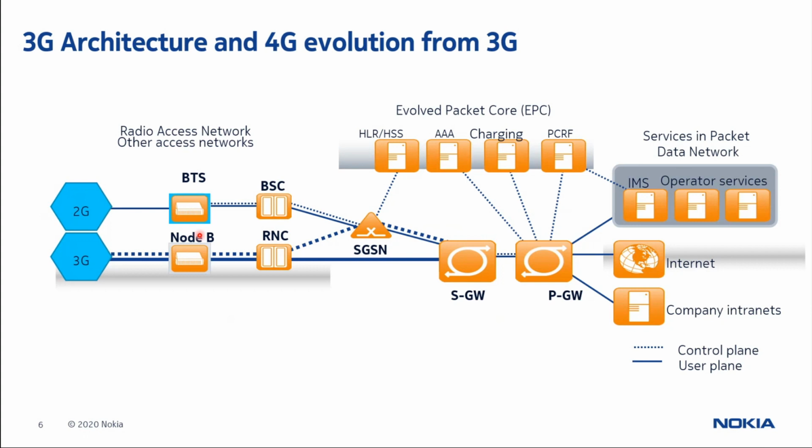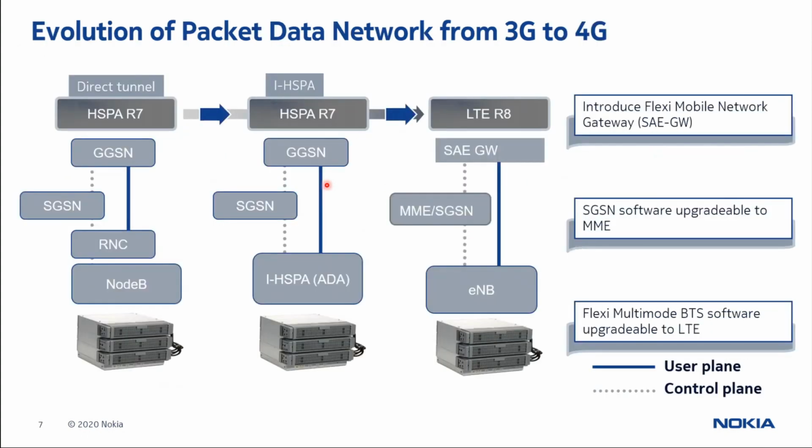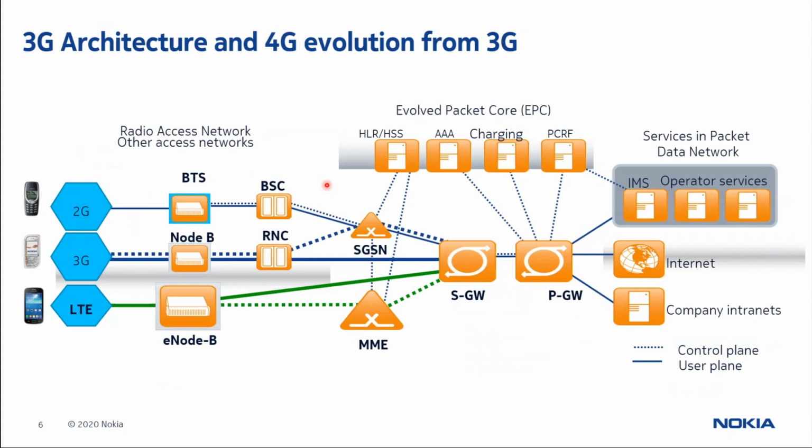So let me show how the complete network looks like. Of course, I'm bound to show this LTE network as well. So what you have between mobile phone and 2G network is actually the UM interface. So you can imagine there is some sort of a wireless interface between the mobile phone and the BTS, or let's say the coverage area.